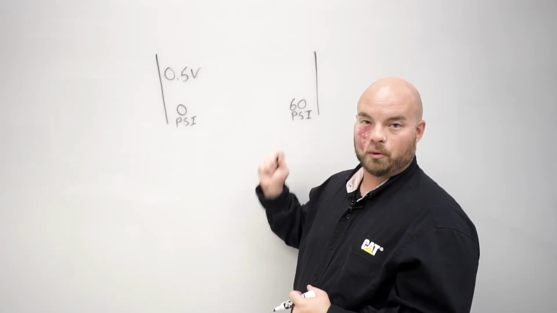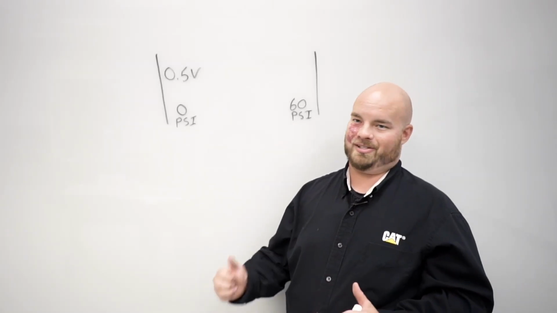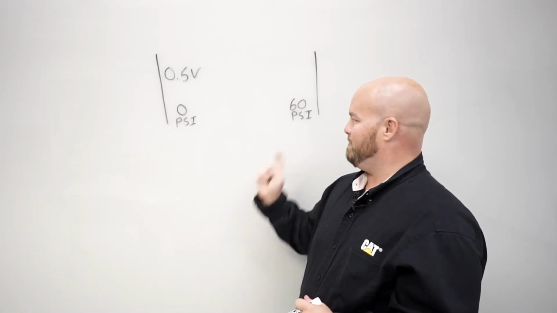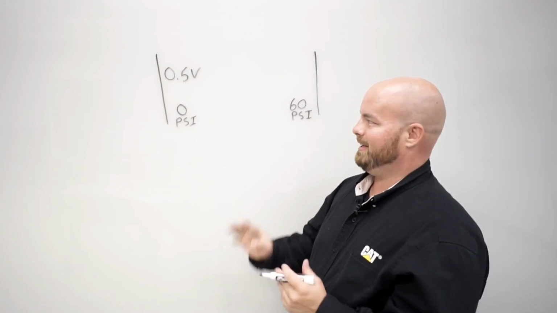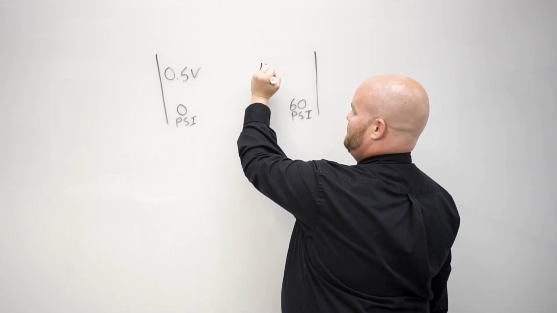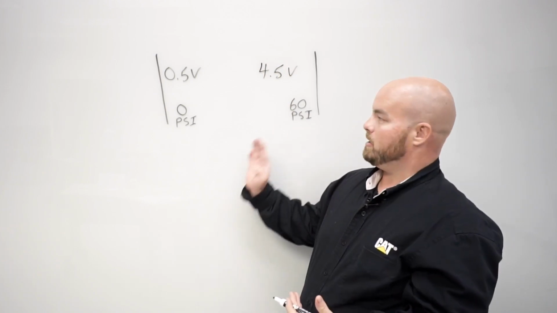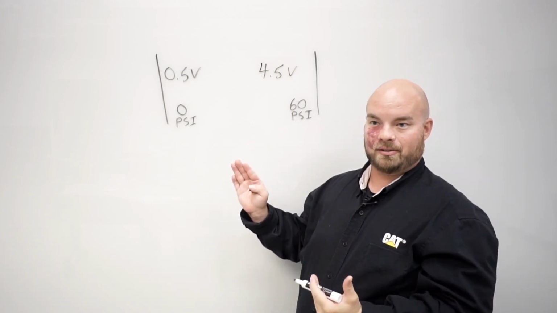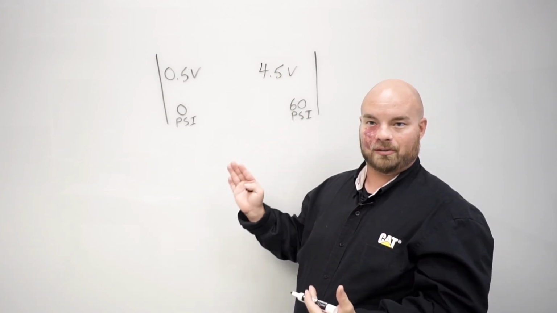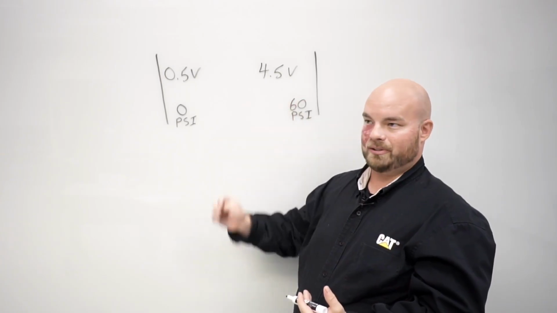On the top range, if we're measuring 60 PSI, first of all, our engine's really working good. But if we're measuring 60 PSI, the sensor may be going out to 4.5 volts. So we said an analog sensor is going to put out an analog signal that's going to be a variable DC voltage.